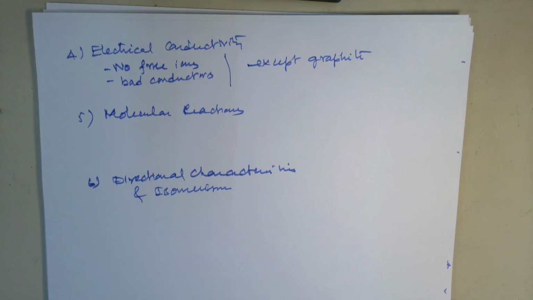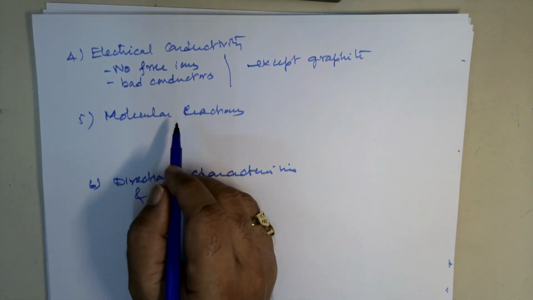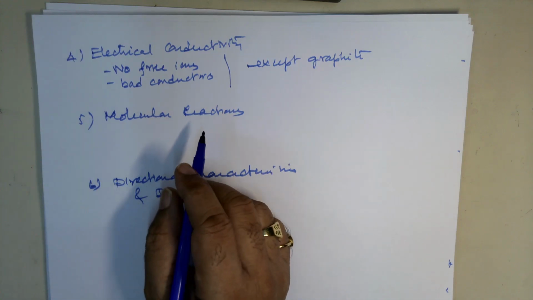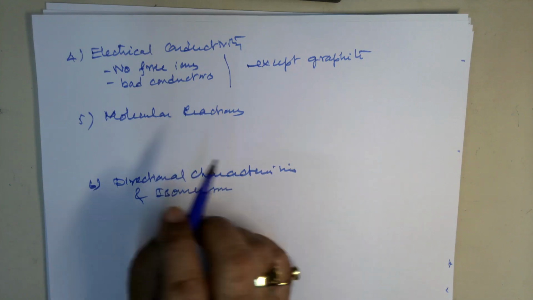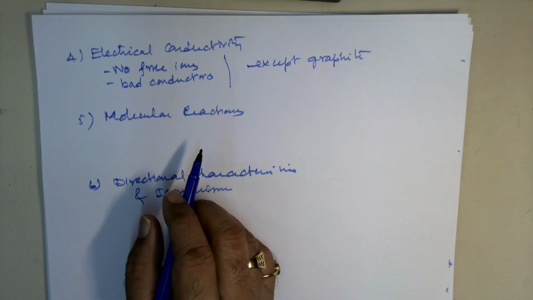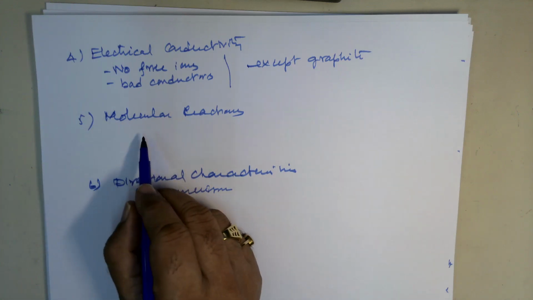And then the directional characteristics and isomerism. And I was talking about the molecular reactions. We discussed this one. These compounds are molecular in nature, as we already discussed, so their reactions are also molecular and proceed at a much slower rate as compared to ionic compounds.